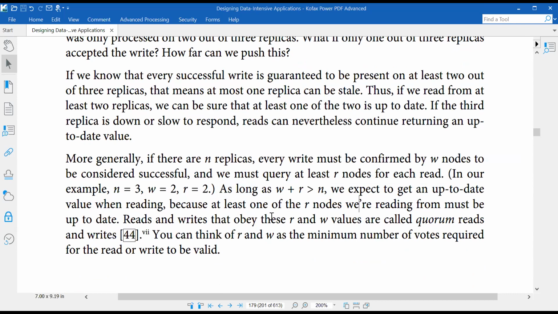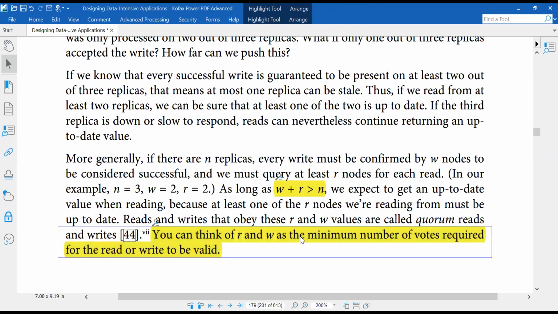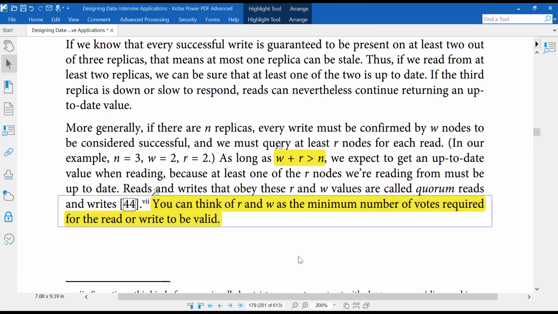Reads and writes that obey these R and W values are called quorum reads and writes. You can think of R and W as the minimum number of votes required for the read and write. So that's the base rule: W plus R should be greater than N.